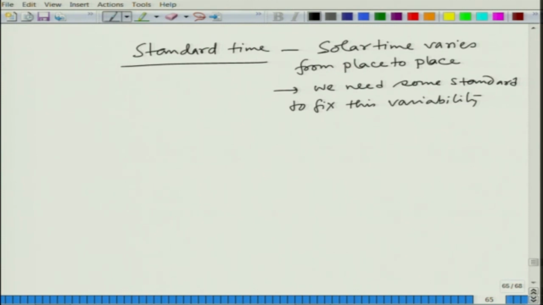right, and that is what we do call the standard time, and that is what your watch is showing you right now. So now what would be the connection? We need to connect these two dots, right, the standard time which your watch is showing and the solar time, okay, and that connection is given through this equation.